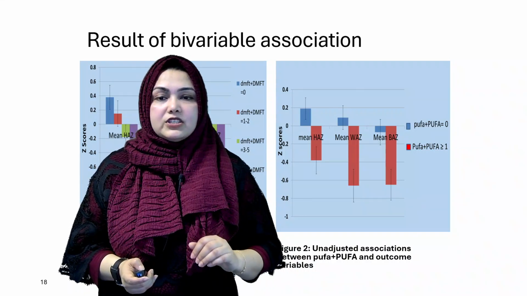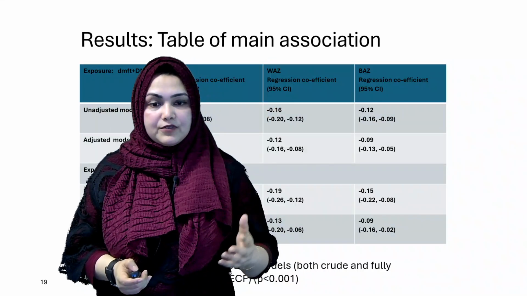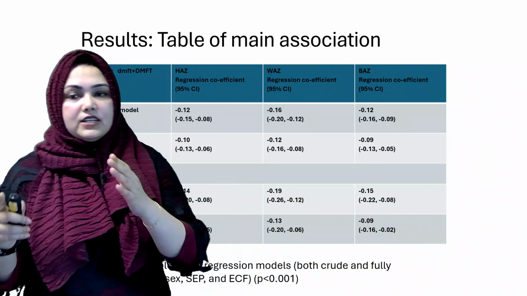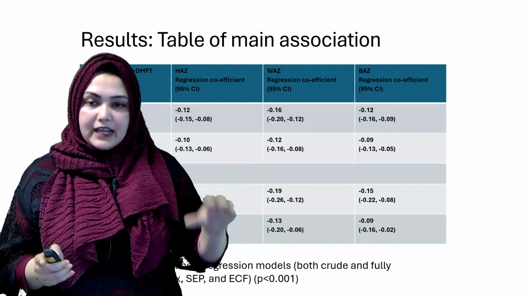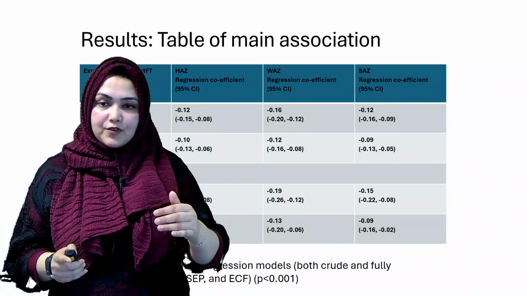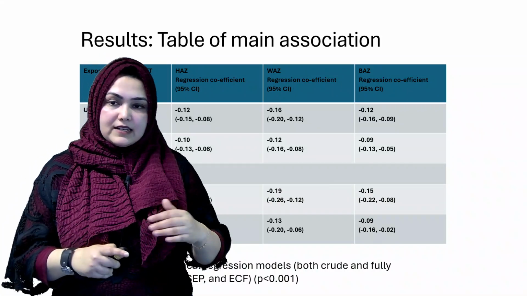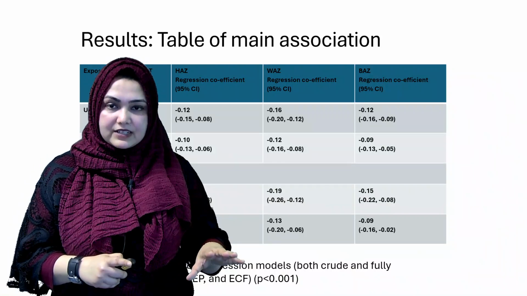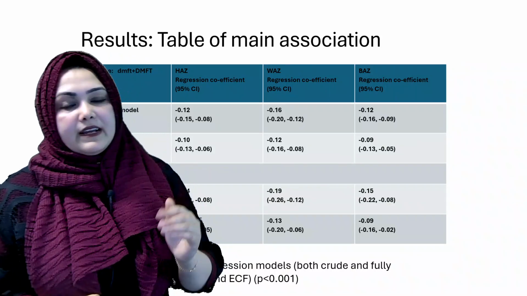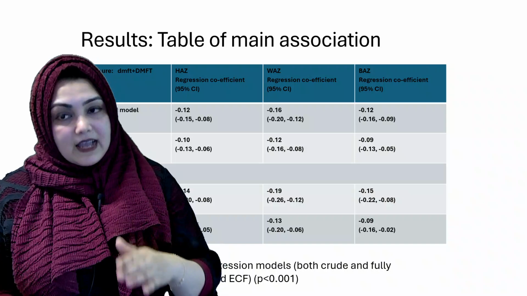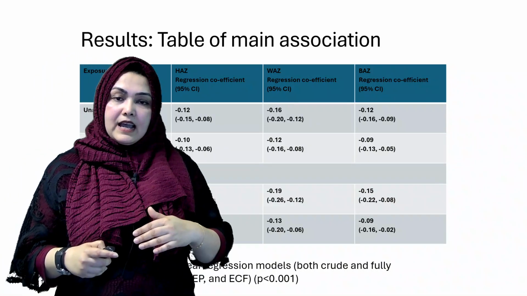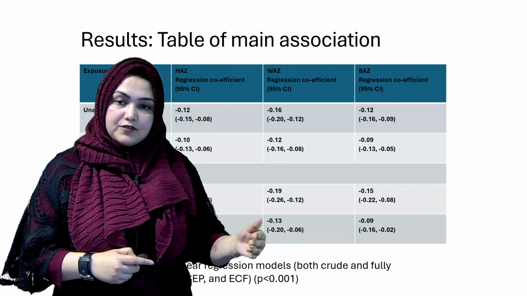And when we conducted the multiple linear regression, which includes the outcome variable and the main exposure, and is also adjusted for other covariates to remove any effect of confounding factors, we still identified a negative association between dental caries and height, weight and BMI of children.